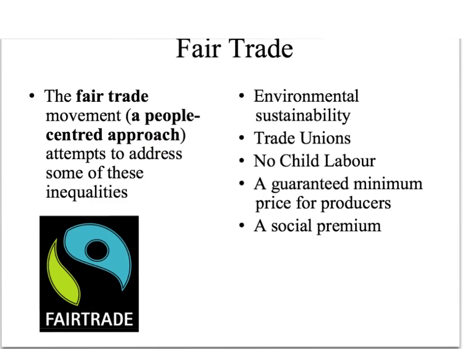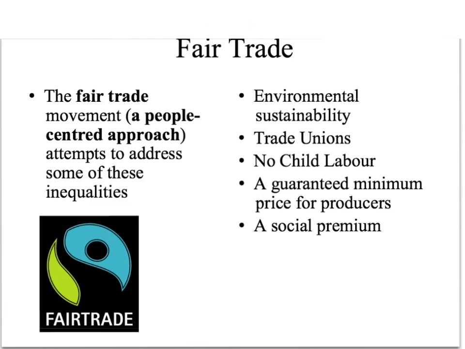And any product carrying this fair trade logo is meant to adhere to certain standards. So for example, things have got to be produced in a way which is environmentally sustainable. There's got to be recognition of trade unions. Child labour is prohibited.